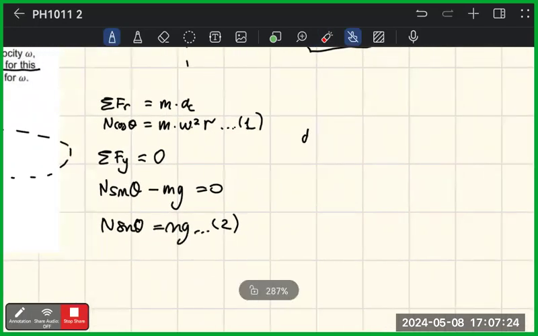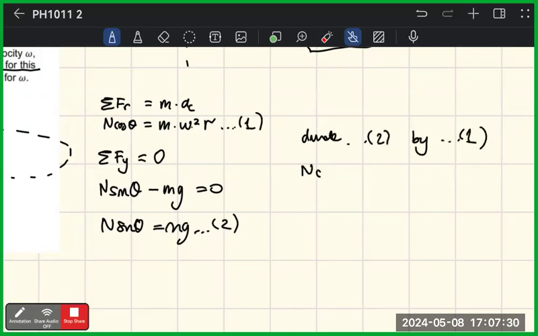If we divide the second equation by the first equation, it's going to be n sine theta over n cos theta equals mg over m omega squared r. We can cancel out the m and n. Wait, sorry, it's sine over cosine.